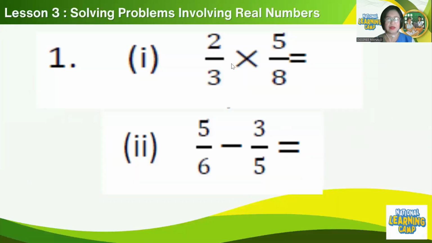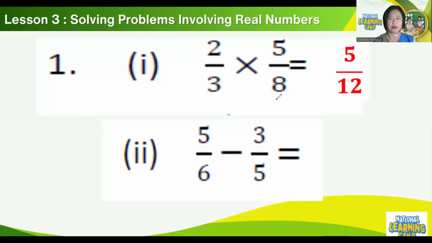Number 1. 2/3 times 5/8 equals 5/12. In multiplication of fractions, we can do the cancellation method. Look for the numerator and the denominator. If they have a common factor or the greatest common factor, you can do the cancellation.